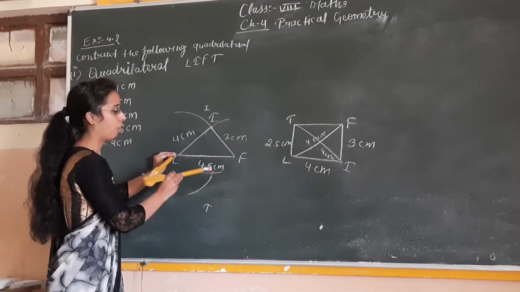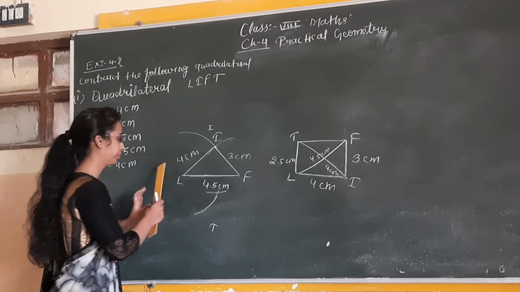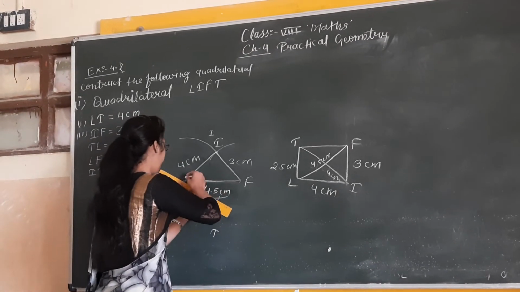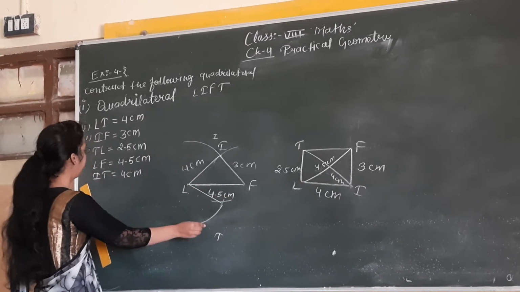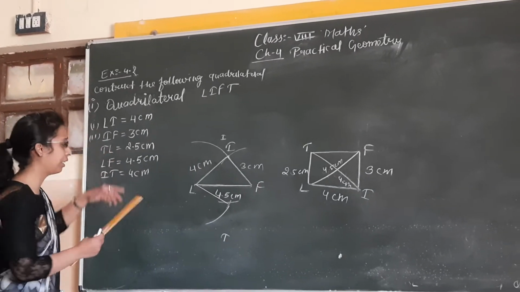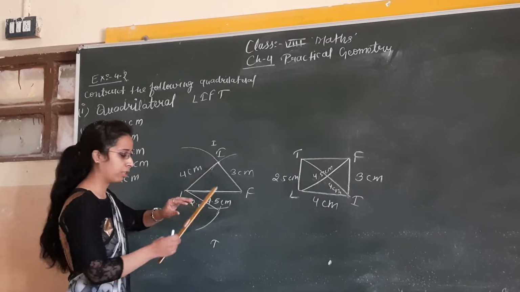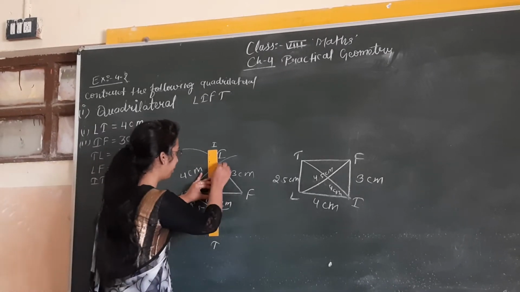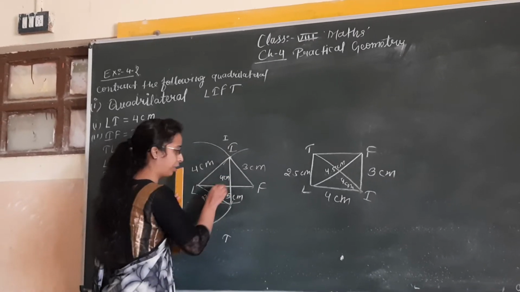After that, I will join this intersecting point. This is LT, with TL 2.5, and IT is 4 centimeter.